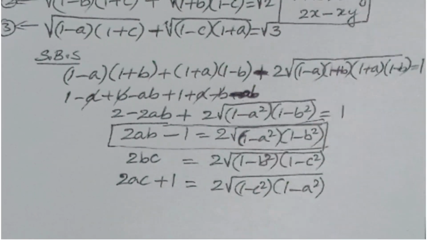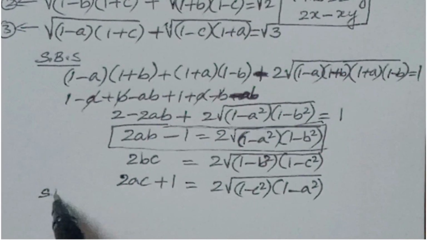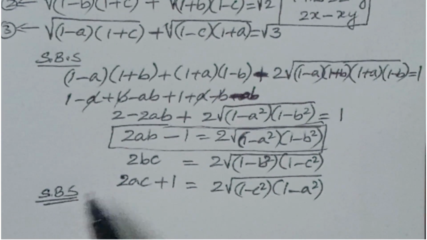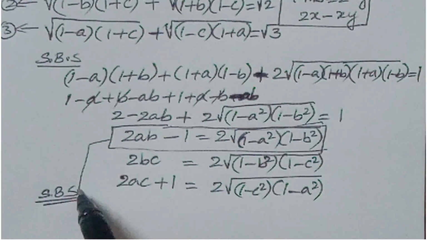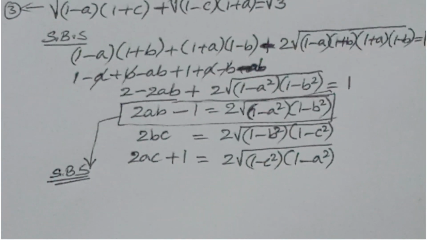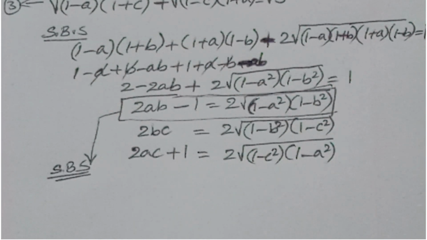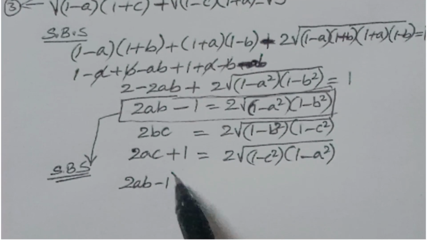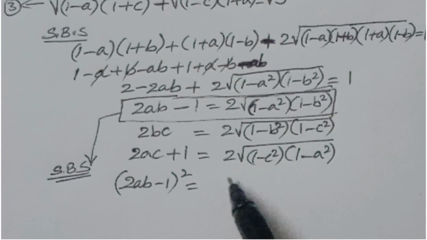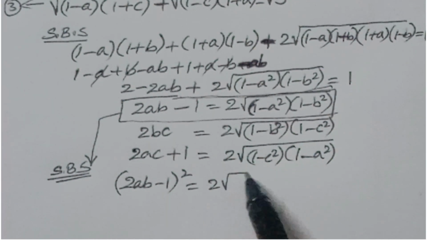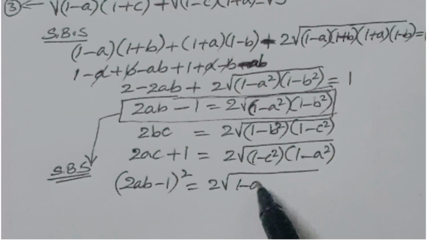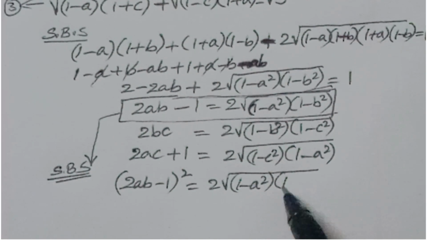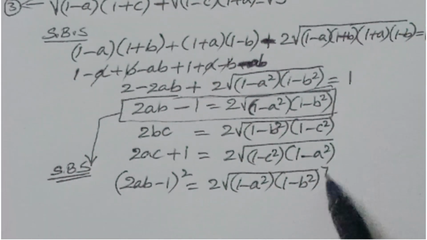Now again squaring on both sides. The first one I am taking. Again we are doing squaring on both sides. So 2ab minus 1 whole square is equal to 2 root of 1 minus a square into 1 minus b square whole square.